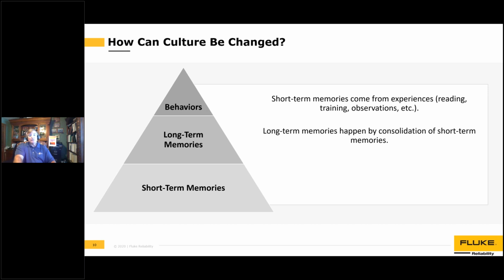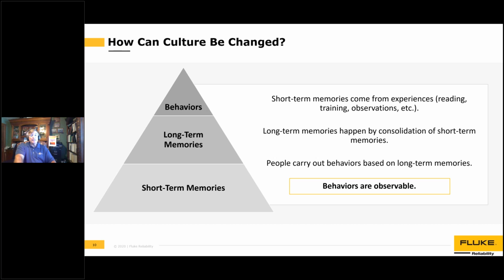That basically means converting a short-term to a long-term memory. And people carry out behaviors based on long-term memories. Obviously there are some exceptions to that, like a reaction to a dangerous situation, or when you put your hand on a hot stove, you can have an instantaneous behavior. But most of the behaviors that we see in the workplace are based on long-term memories.